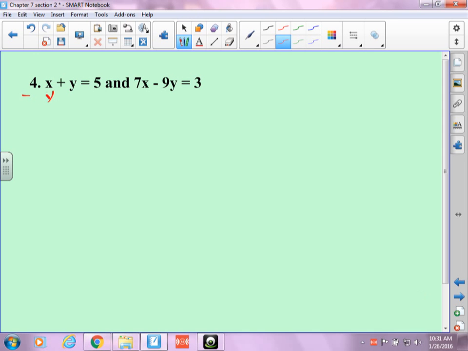So I'm going to subtract my x. Y equals -x plus 5. Okay, and I'm going to circle what y equals, and what am I going to circle in the next equation? The y. Because they said y equals.